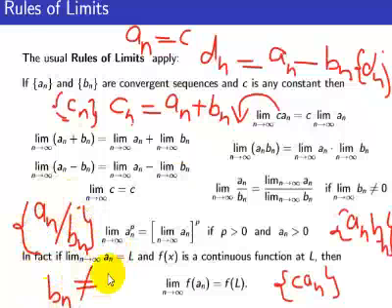should not be equal to 0, otherwise you cannot define that for all n belongs to natural numbers, right? Otherwise you cannot define this ratio, this division, right? And assume that the limit of b sub n is not equal to 0.